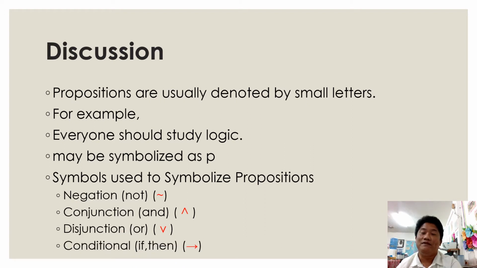So we already made conditional statements when we are in grade 8 math and also in grade 9 English. So if then. If statement talks about the hypothetical situation, while the then statement is about the consequence or the conclusion, with the symbol being used, which is an arrow going to the right.